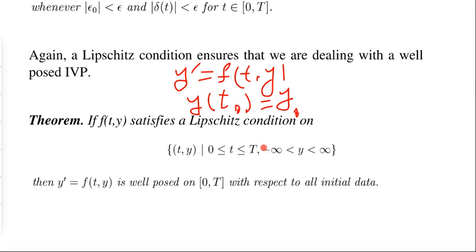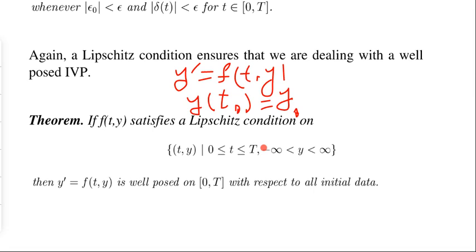But this theorem will just be used to check well-posedness. If we have the Lipschitz condition, definitely our problem will be well-posed. In contrast, if we do not have this condition, then we must check whether our problem is well-posed or ill-posed.